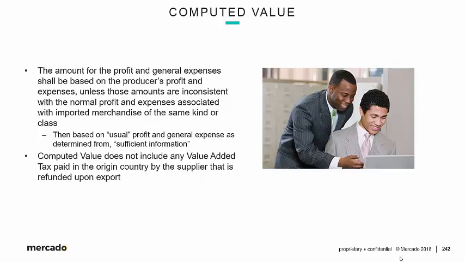We should note, as a last bullet, because VAT, value-added tax, is pervasive outside of the United States, computed value does not include any value-added tax paid in the origin country by the supplier that is refunded upon export. And that happens a lot. In China, it happens for sure that a vendor pays VAT on raw materials that it acquires domestically or internationally.